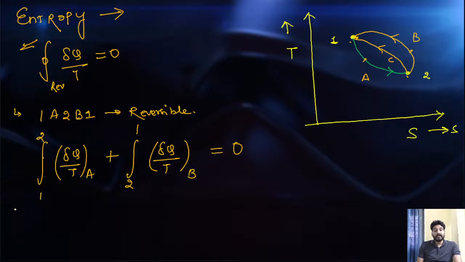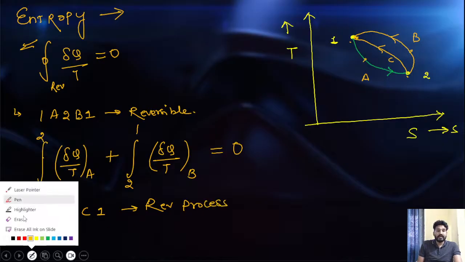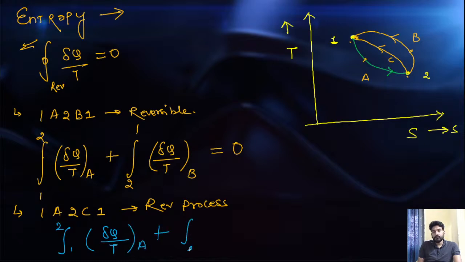Now take another path, 1A2C1. This is also a reversible process. So how can I write the integration? Very simple. From 1 to 2, del Q over T for the process A, plus from 2 to 1, del Q over T for the process C. This addition must be 0.